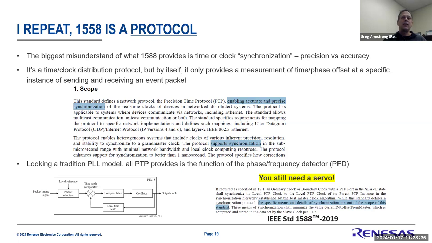But don't be afraid of this. Some people have implemented servos for us to use. There are also examples of hardware-based servos that allow even more precision and accuracy in your clock synthesis and distribution. That's what we'll talk about, phase lock loops and other things that could aid that.